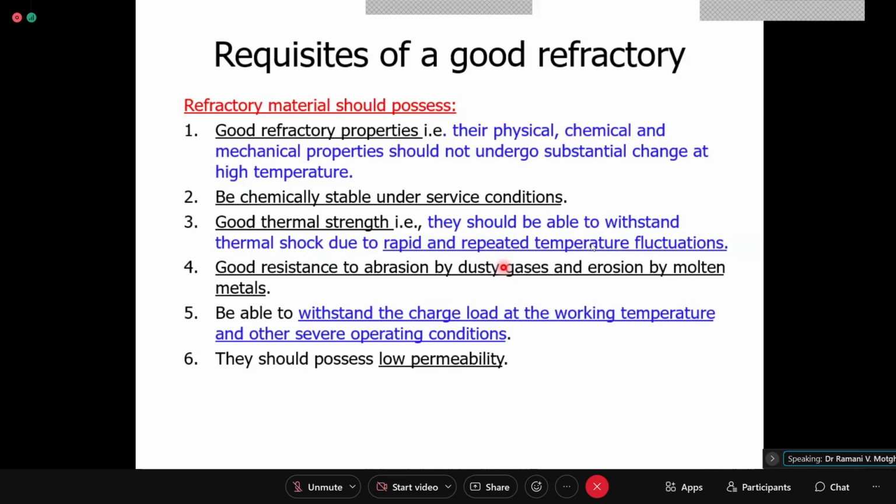I'll start at 1:15 itself. After half an hour? Okay, 12:30 to 1:30. So we start at 1:30.